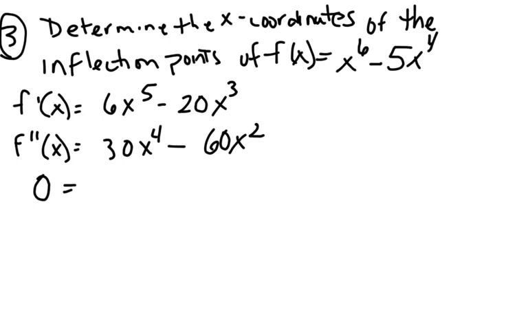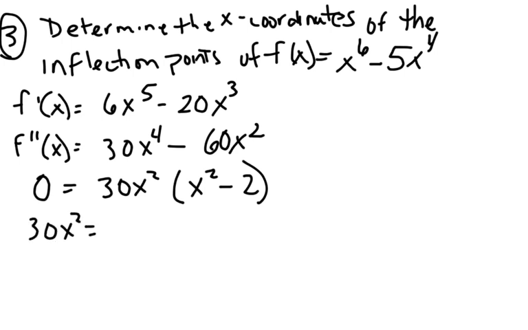So the greatest common factor here is 30x squared, which would leave behind x squared minus 2. And now if I set those factors equal to 0, I get x squared equals 0, which means x equals 0.